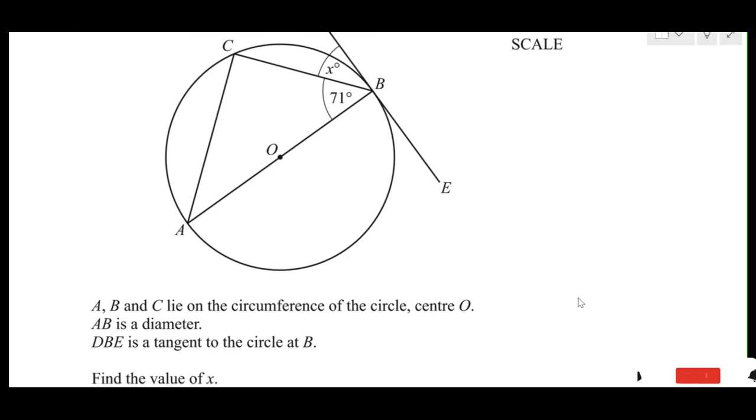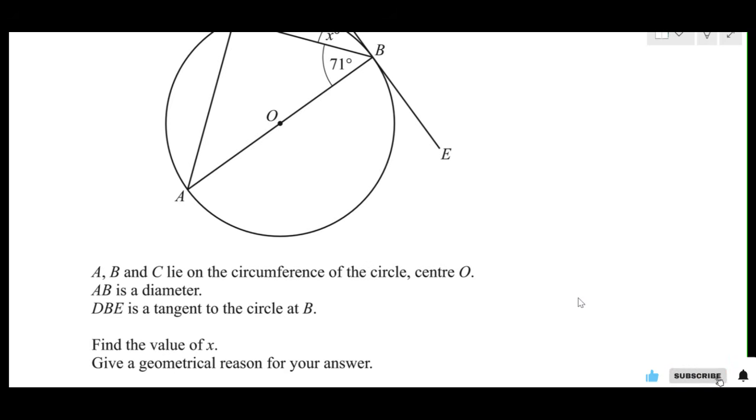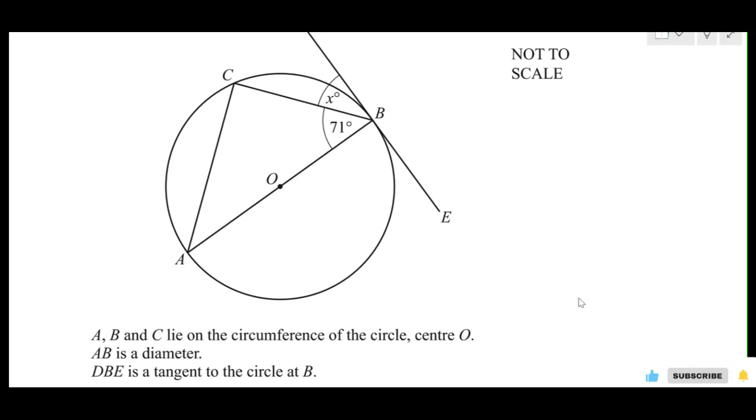Now for part B, ABC lies on the circumference of a circle centered at O. A, B, and C, these 3 points lie on the circumference of a circle, and the center of the circle is O. AB is a diameter of the circle.